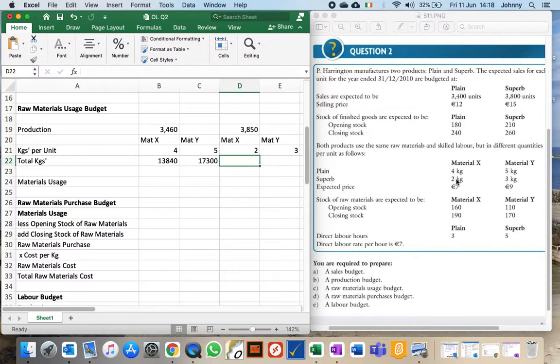And then to make my other product, it'll be the production times 2 kilos per unit, and the production times 3 kilos per unit.